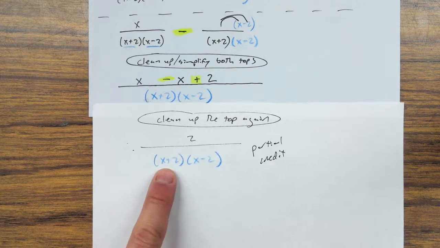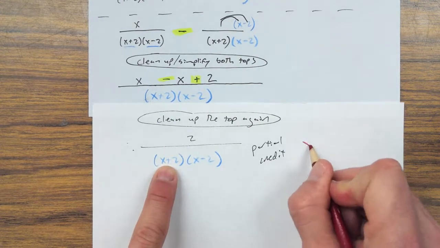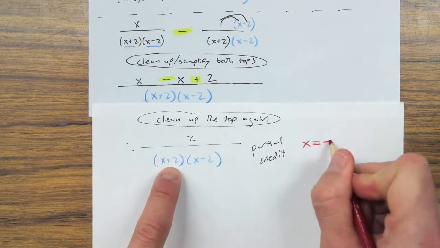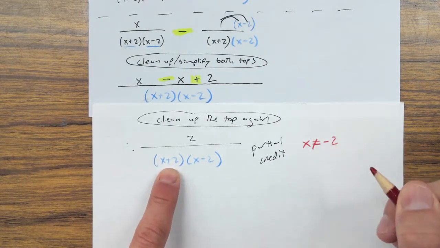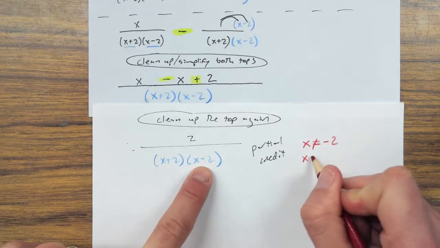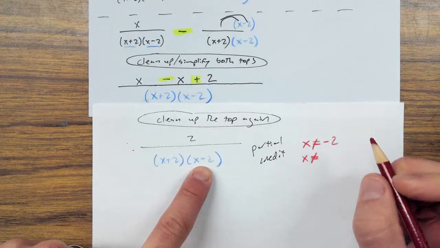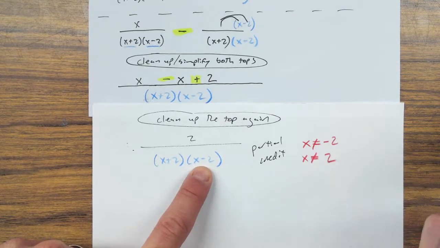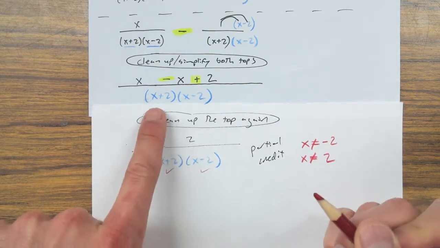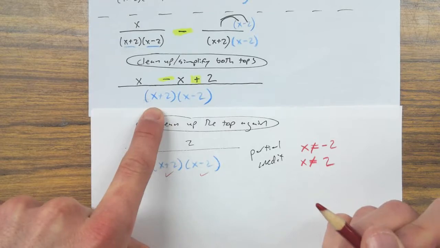So if I look at this bottom, x cannot be what for this one? Negative 2. Negative 2 would be bad for this one. X cannot be what for this one? X cannot be positive 2. Now we have to go back to all of them. I got negative 2. I got positive 2. What about this one right here?